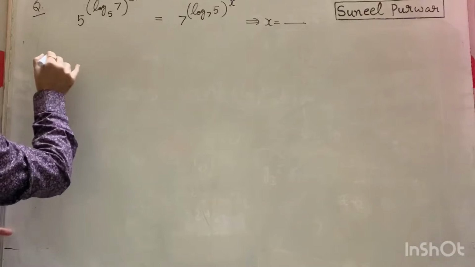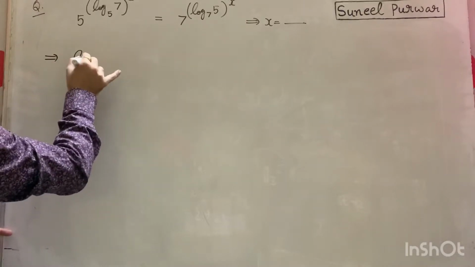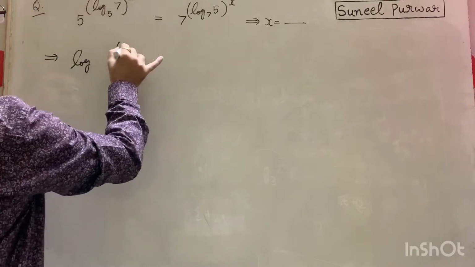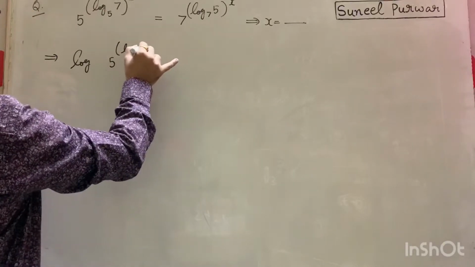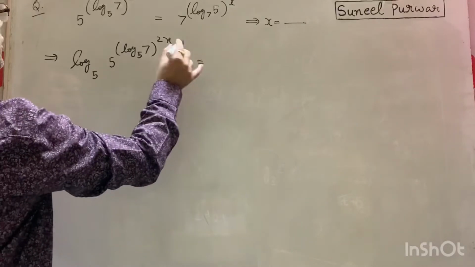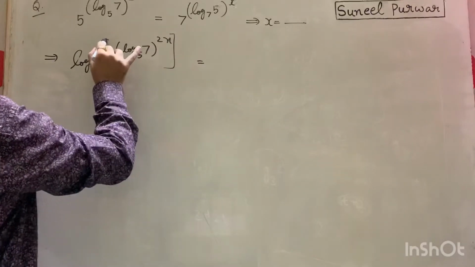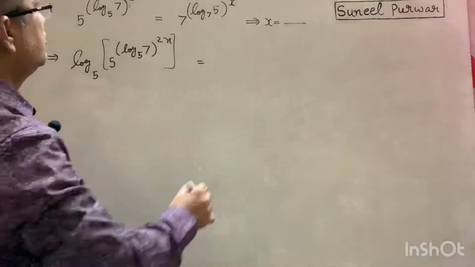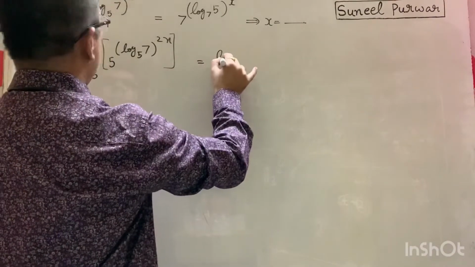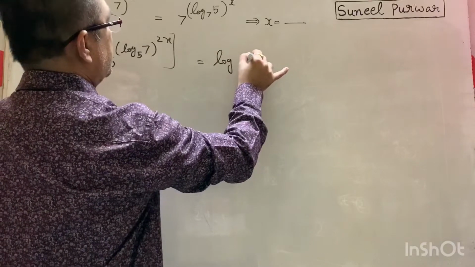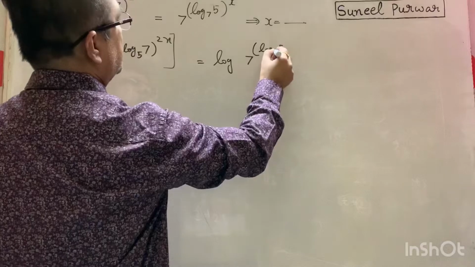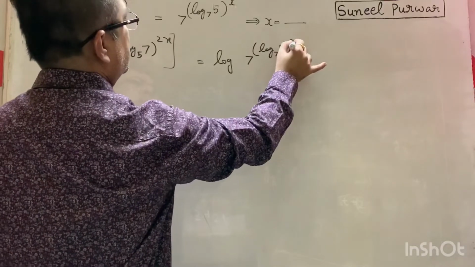So this implies logarithm of this number 5 to the power log 7 base 5 further power 2x at base 5 is equal to, take log of RHS. So you will have log of 7 to the power log 5 base 7, power x.